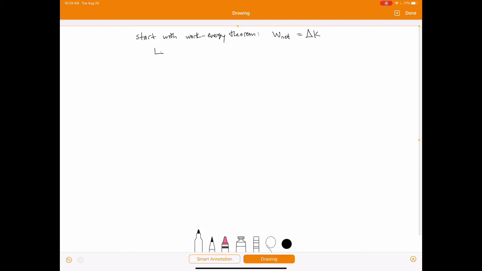So what we'll do with that is we'll break W net into two pieces. We can have work done by conservative forces and also non-conservative forces.